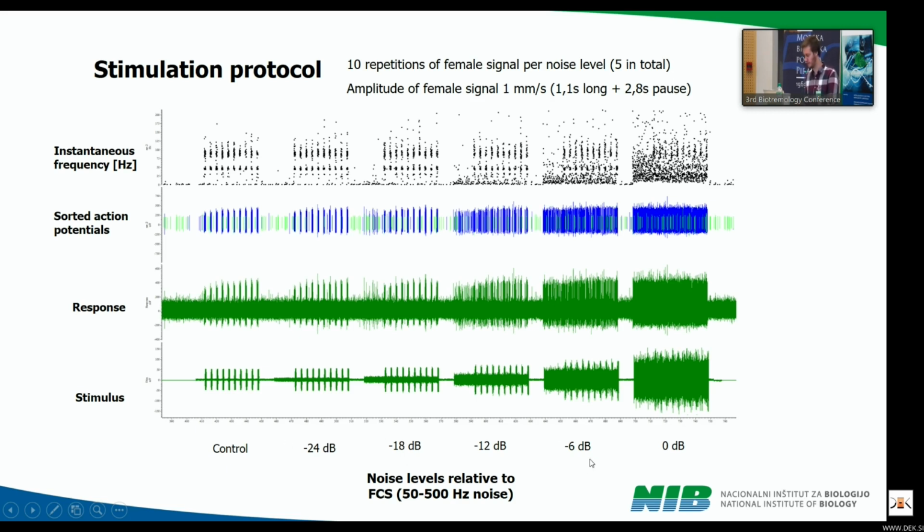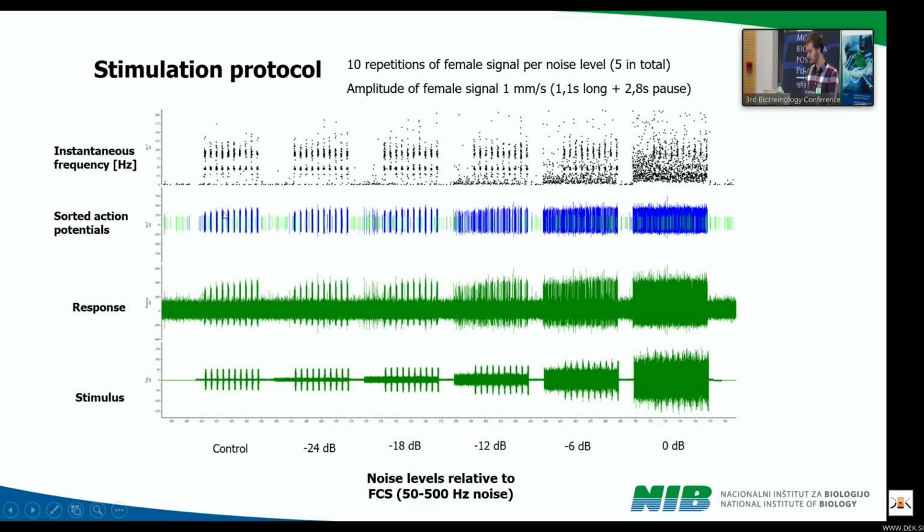They are represented here on the x-axis. Each female calling song and noise combination included 10 female signals, and the total stimulation length for each amplitude was around 60 seconds. The amplitude of the female calling song was 1 millimeter per second, which is in the natural ranges of the female calling song on the plant.